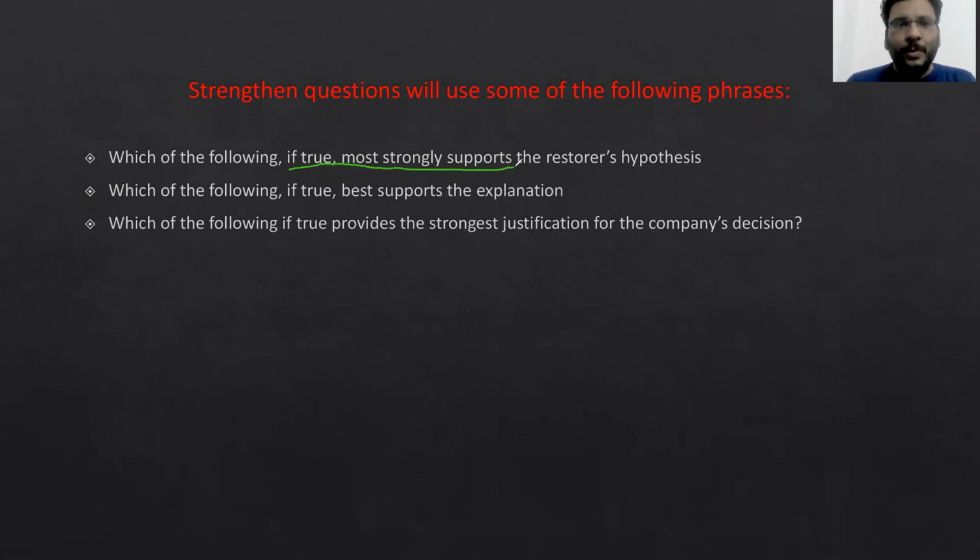So the phrase "most strongly supports" suggests that it's a strengthener. Which of the following, if true, best supports the explanation? So that's another keyword. Remember, identifying the keyword is very important to understand the question type.